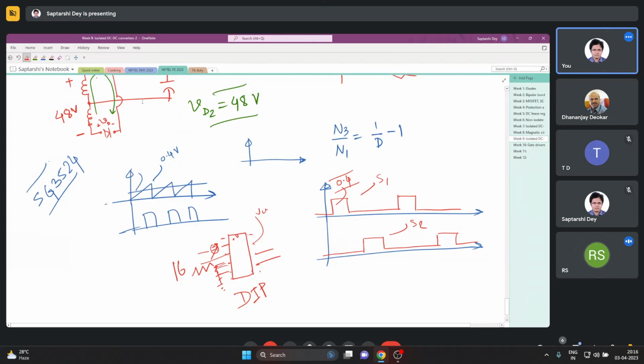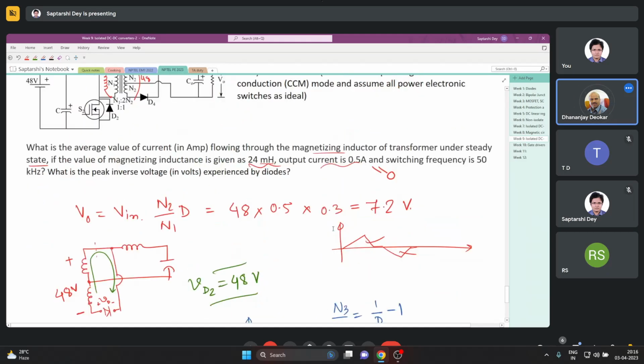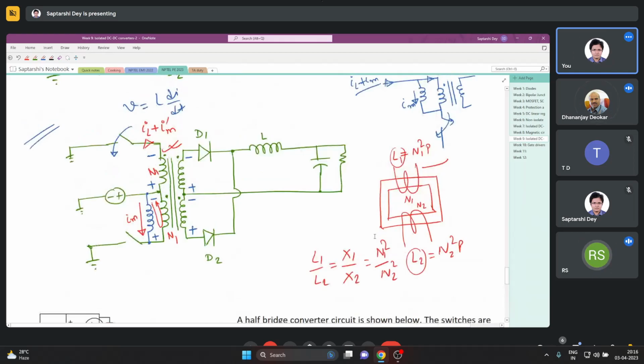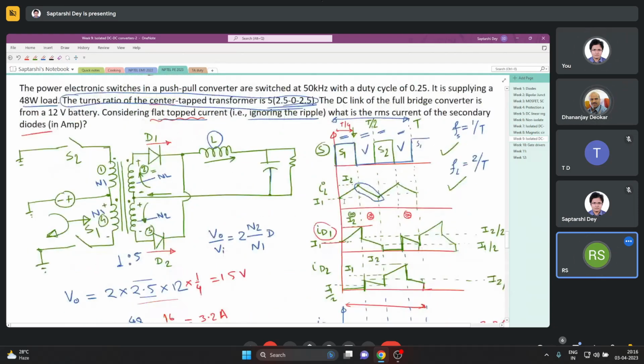So this S1 and S2 have some gap, which is some dead band we are trying to give. Yes, because you have to give this inductor current some time to drop. You cannot let it increase and increase. Whenever S1 and S2 are on, the inductor current increases, so you have to let it drop also.